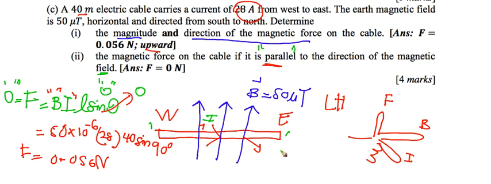So the direction of B and the direction of the current flow is the same direction, so the angle is equal to 0, so F is equal to 0, right? So that is answer number 2. That's all. Thank you.